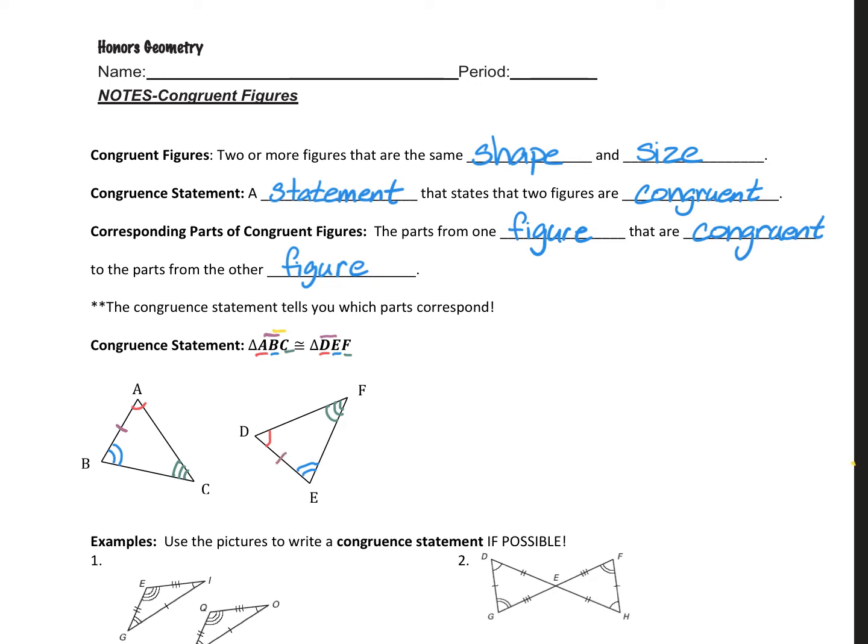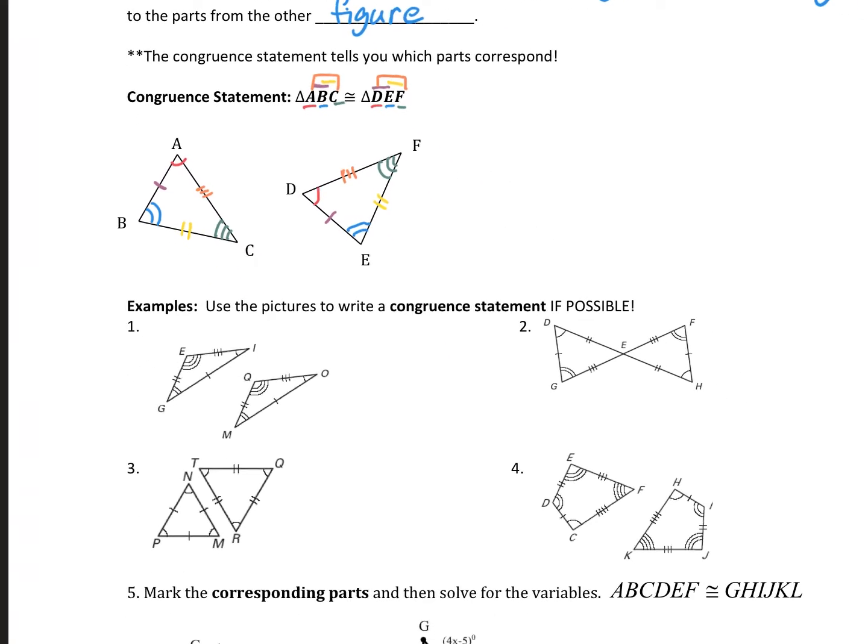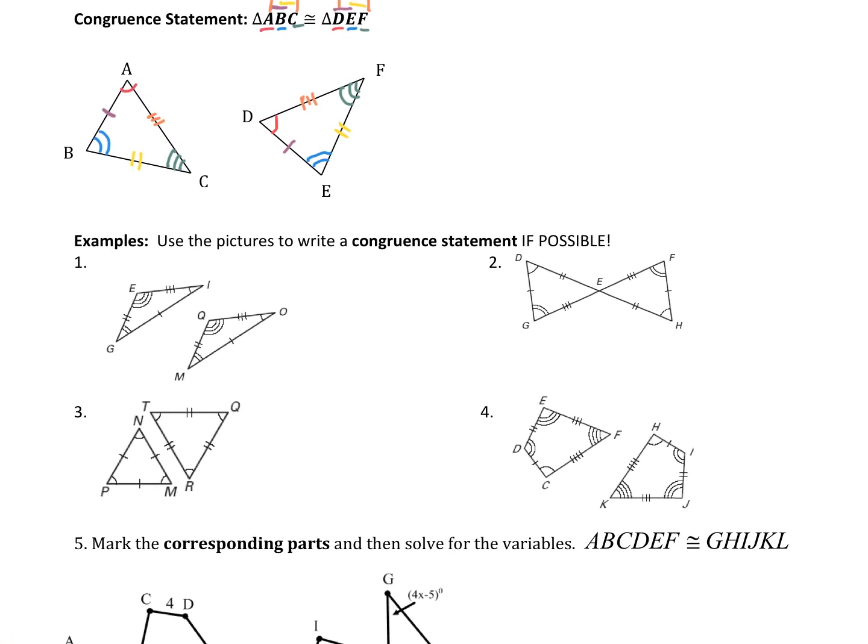Now we have BC is congruent to EF, and now we can see in our picture that these triangles are congruent, and very colorful, right? We have all the markings that show which angles are congruent to which angles and which sides are congruent to which sides. All right, let's use this to do some examples.